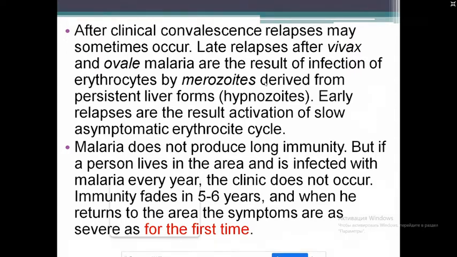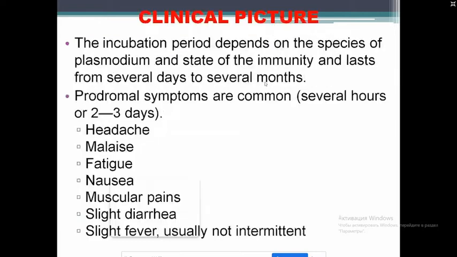Malaria does not produce long immunity, but if a person lives in the area and is infected with malaria every year, the clinic does not occur. Immunity fades in 5-6 years, and when he returns to the area, the symptoms are as severe as for the first time, dear students.